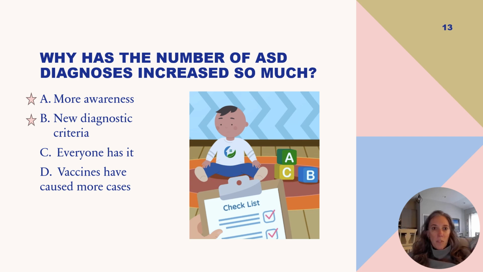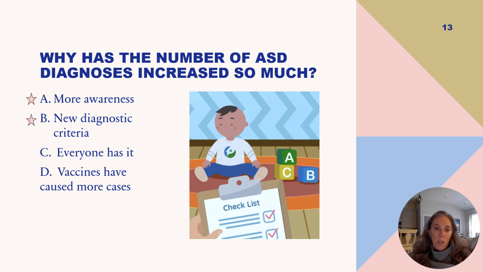So the DSM-5, right now I'm addressing option B, the new diagnostic criteria. So the DSM-5 has changed their criteria that actually now includes autistic disorder, Asperger's, and pervasive developmental disorder, whereas before these all were their own categories.